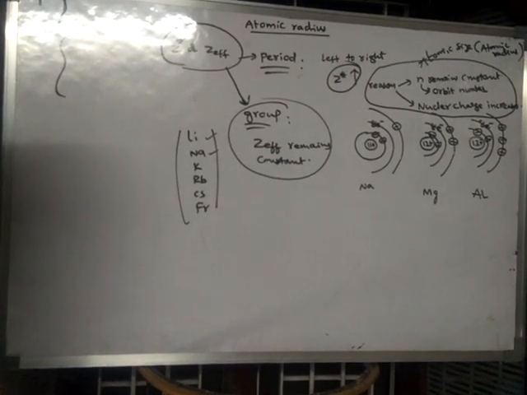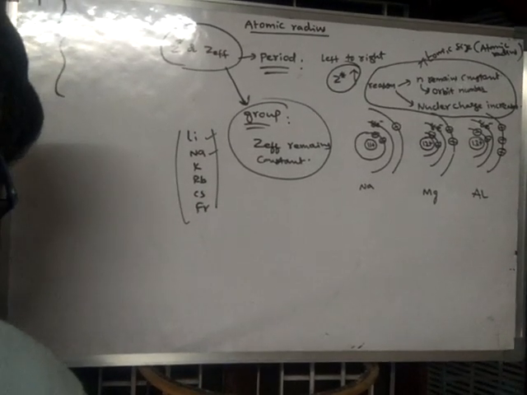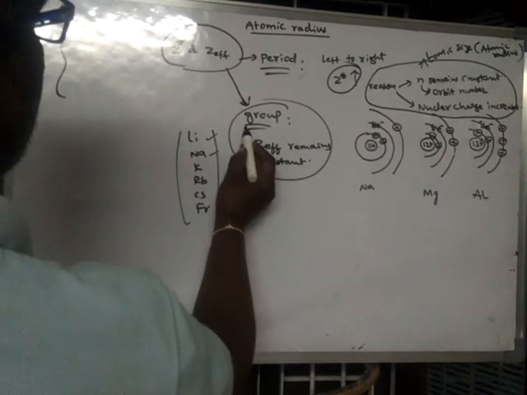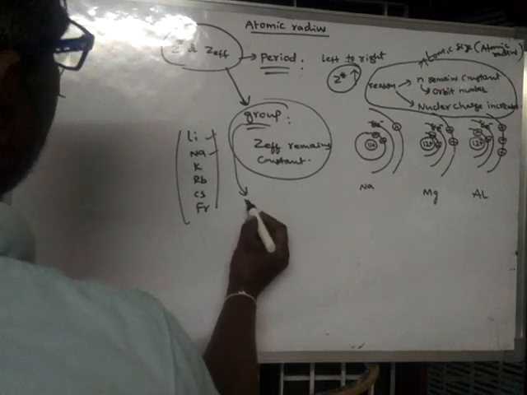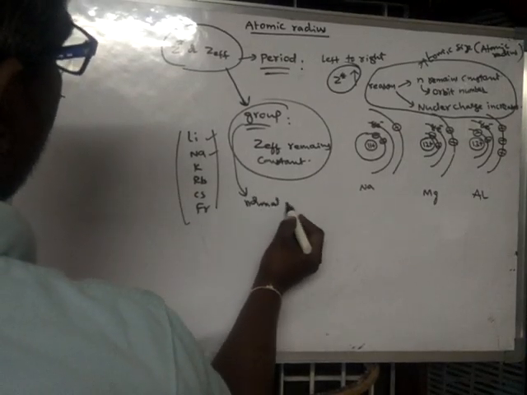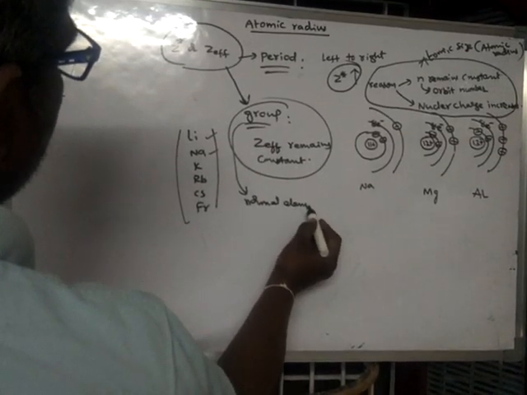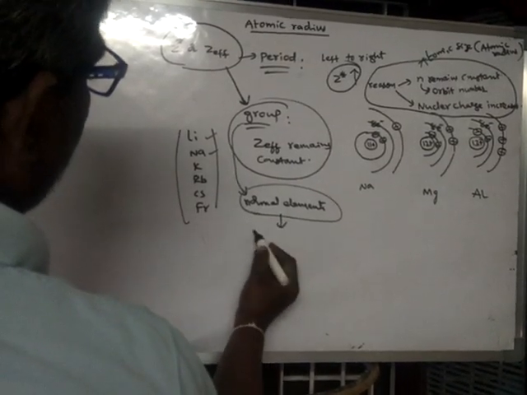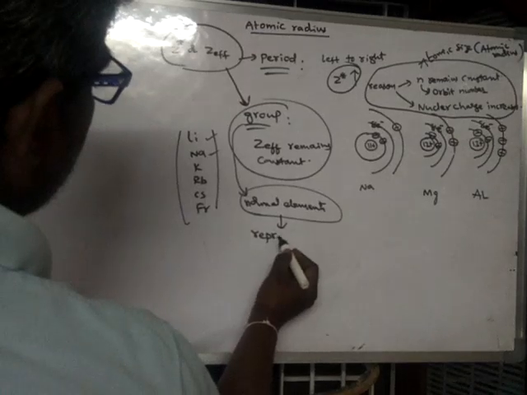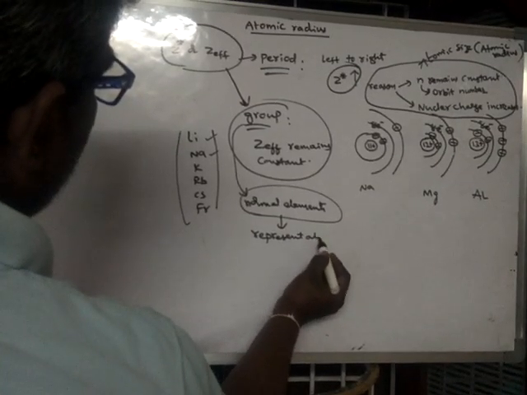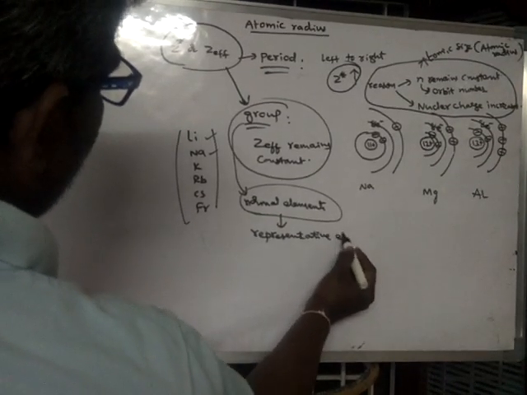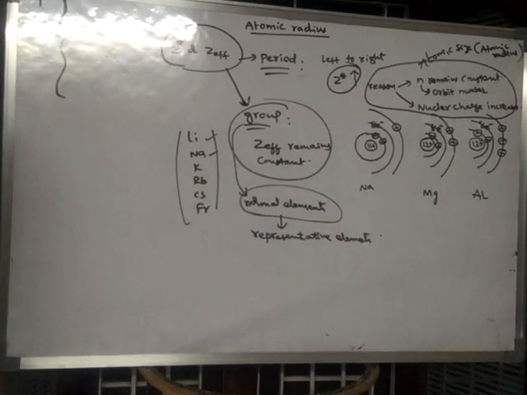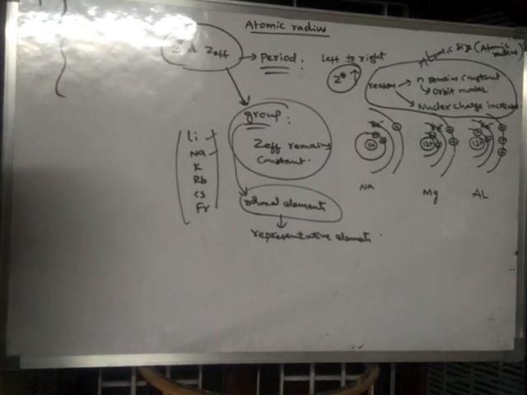So this is the thing we need to learn. And this one will be for normal elements. What are normal elements? Normal elements are nothing but representative elements. For representative elements, the effective nuclear charge will be like this.